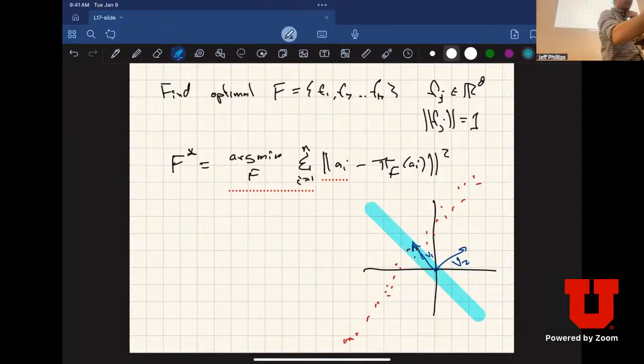What I actually want to do is to find a subspace that looks like V1, V2, where it kind of goes through the data. The data lives off this thing that's not going through the origin.